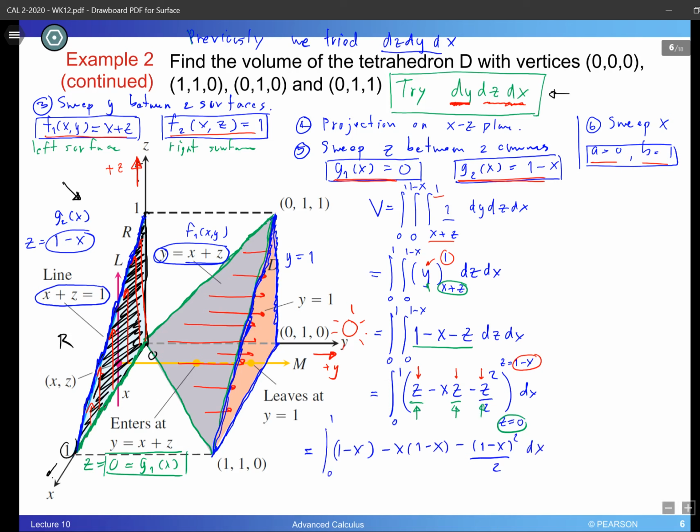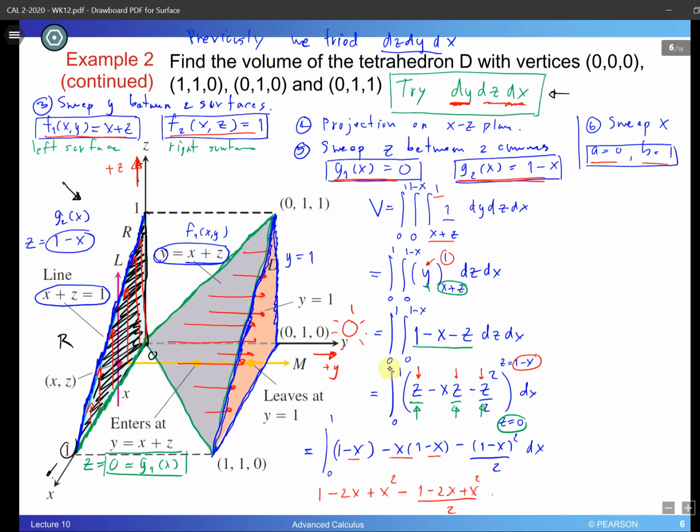Let's combine them. So I'm going to work right here. Here, we have 1 minus x minus 2x. Combine them, and we have this minus x times x, so it's going to be plus x squared right here. Now last term, it's going to be 1 minus 2x plus x squared over 2. Okay, still messy, so let's work on this.